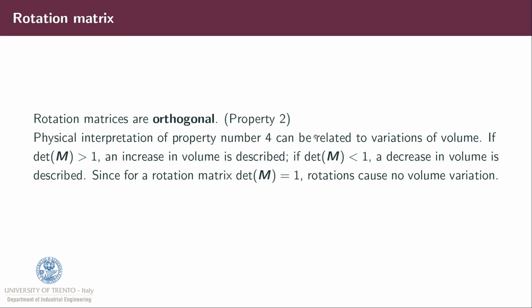So we can relate property number 4 to a variation of volume. If the determinant of a matrix is greater than 1, we have an increase of volume. If the determinant of a matrix is lower than 1, we have a decrease in volume. And since our determinant is equal to 1, rotation causes no volume variation.